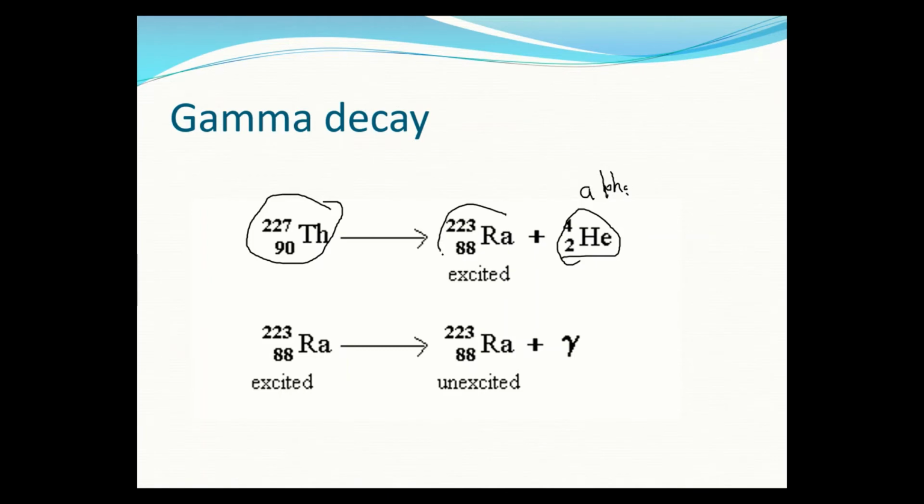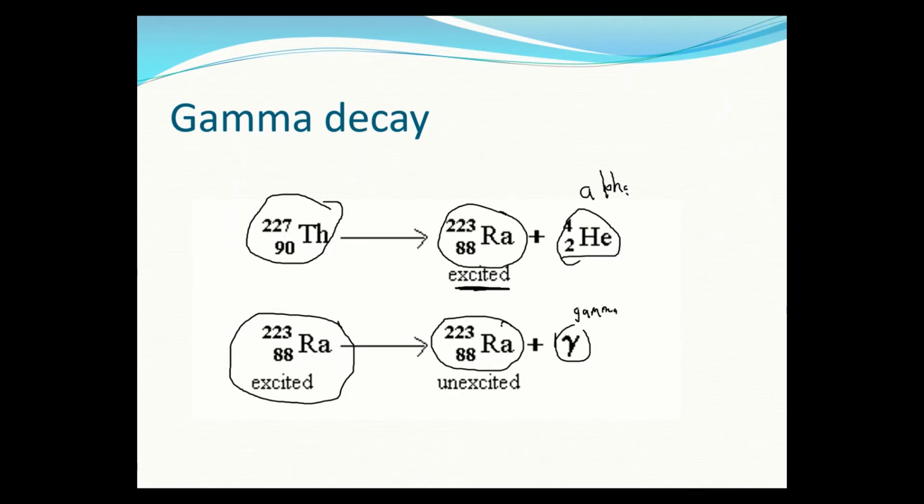This is called the daughter nucleus, which it turns into. It's in an excited state, and it still has lots of energy in it. So it will undergo a gamma decay. But gamma doesn't have any charge and it doesn't have any mass, so it just turns into the same thing. It just goes from an excited state to an unexcited state, and that's it. Okay, gamma is super easy.